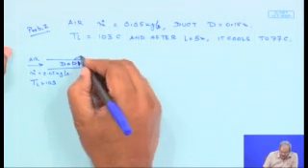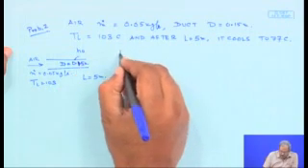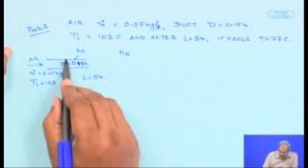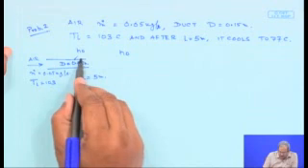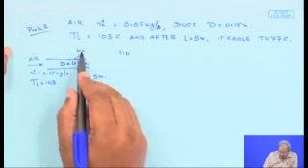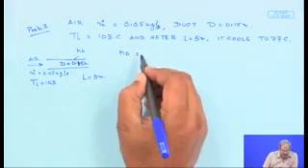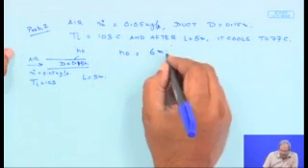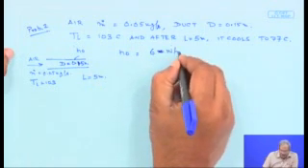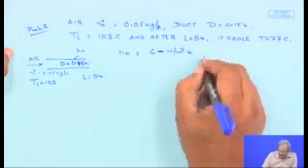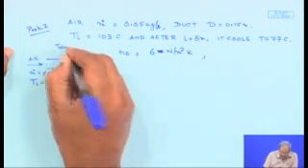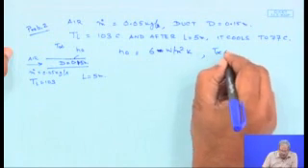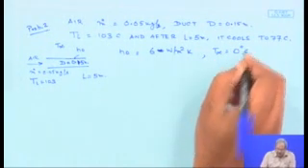The heat transfer coefficient from the outside of the duct to the surroundings, which is h_o, is provided as 6 watt per meter square Kelvin, and the value of T infinity is provided as 0 degree centigrade.